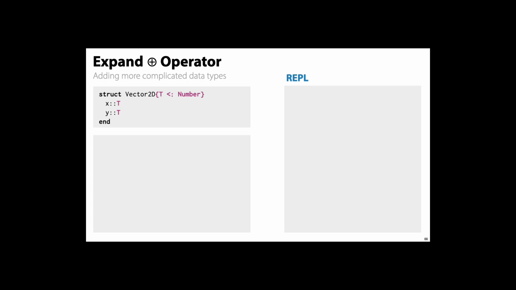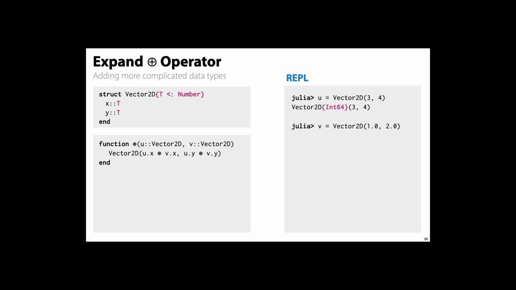We could expand this operator. So here's an example where I can add, and it doesn't need to be just low-level stuff like different number types. I could have a vector, for instance. So now I added a method that deals with vectors. You can see that it picks out the right type and so on. I don't want to go too much through this.